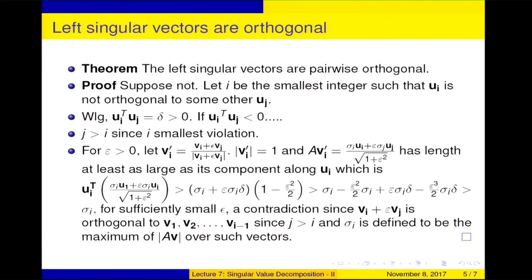So I want to say its length is high. This is a vector, its length is high, I want to say. Well, it's at least as high as the component along ui, right? ui is a unit vector, so if I take the dot product of ui and this, I get something. Certainly the length of this is at least that much. It has other components perhaps, so it's at least the component along ui.